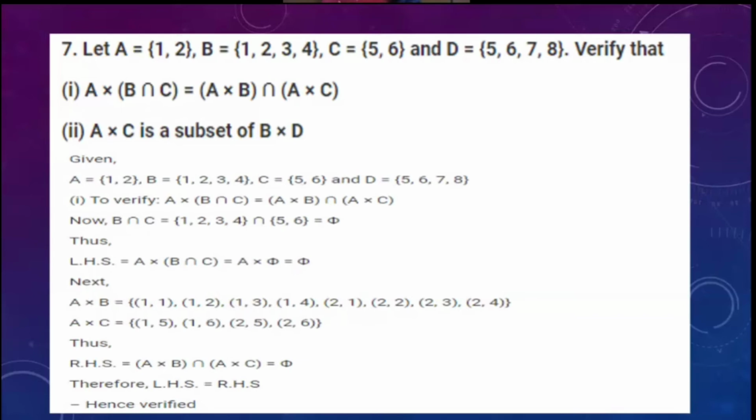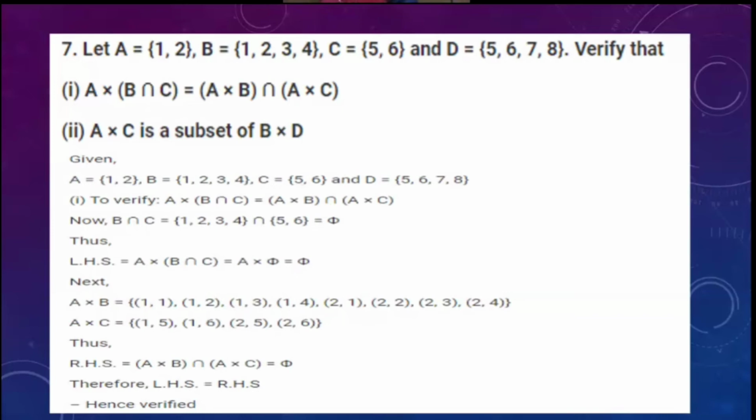Just recall from your sets, intersection means the common elements which are in both the sets. So what are the common elements in B and C? B you have 1, 2, 3, 4. C you have 5, 6. Nothing is common, so you equate it with phi. Phi is the empty set.